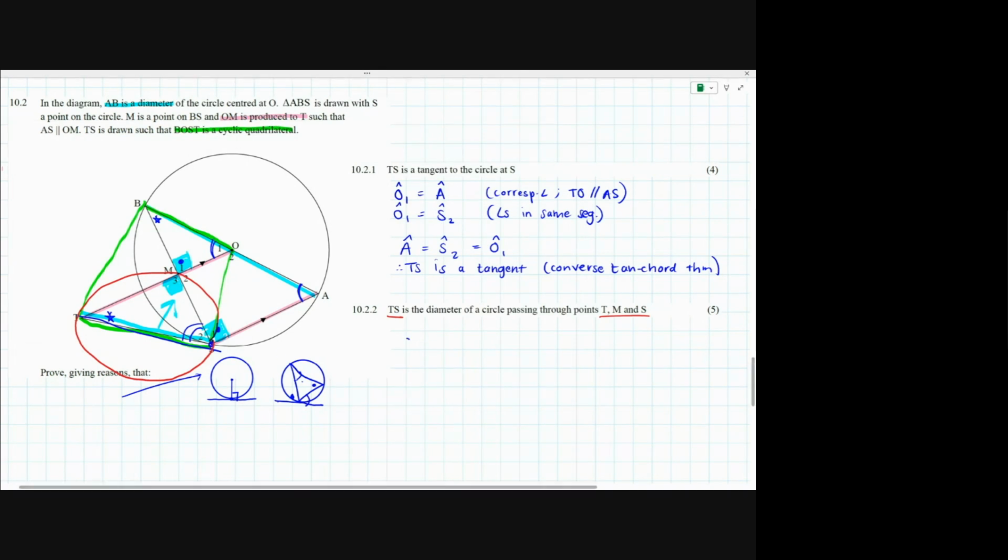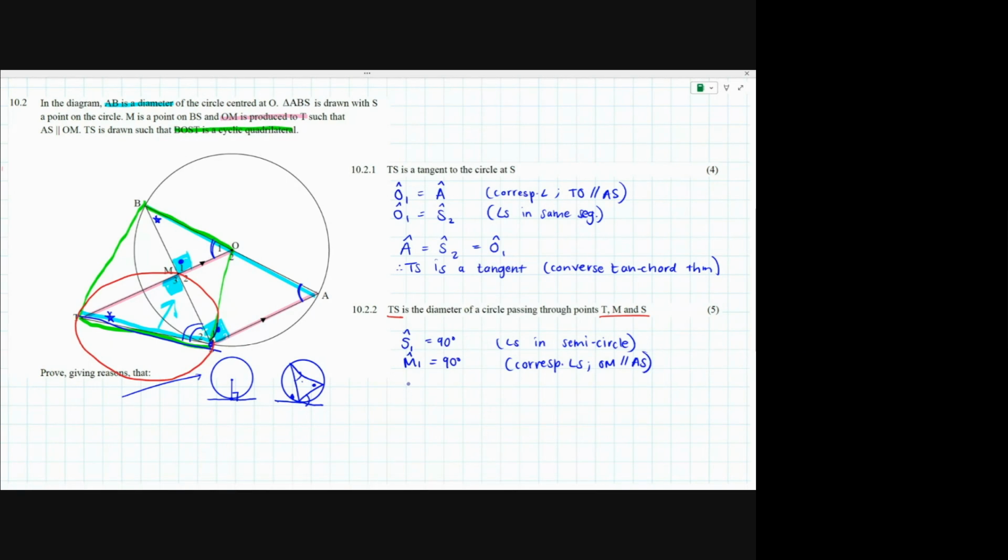Okay, so the first thing that we know is that S1 is equal to 90 because AB is the diameter, so angles in semicircle. The next thing that we know is that because of corresponding angles, M1 is also equal to 90. And we have got OM parallel to AS.